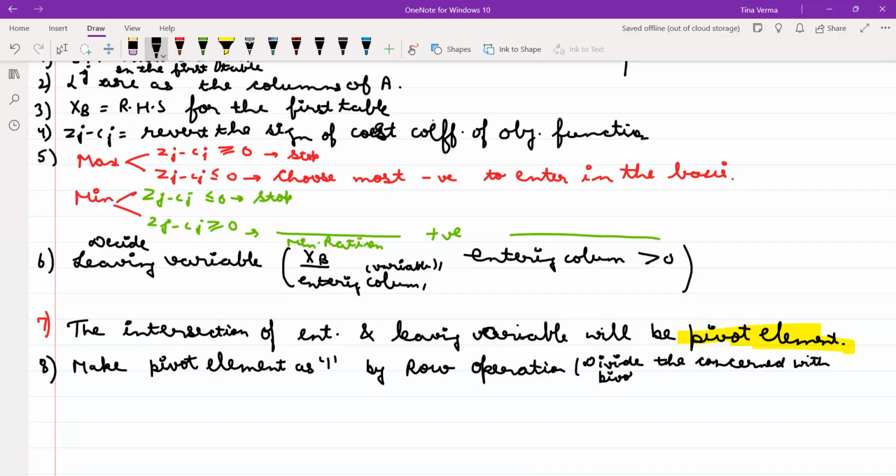Only this operation you can use to convert your element into 1. Is it clear? Once you have decided your pivot element, you have to make zeros above the pivot element and zeros below the pivot element, right? So make zeros in the column of the pivot element.